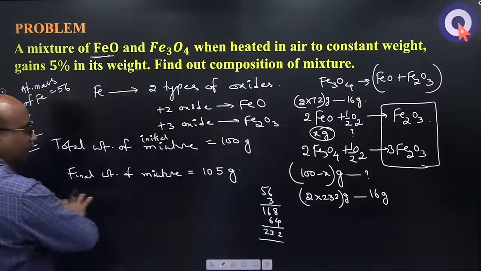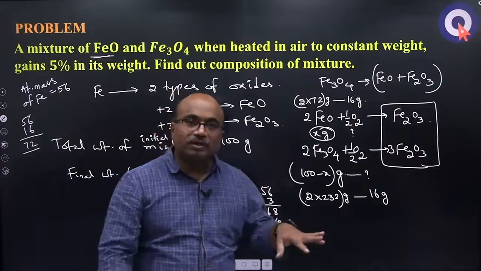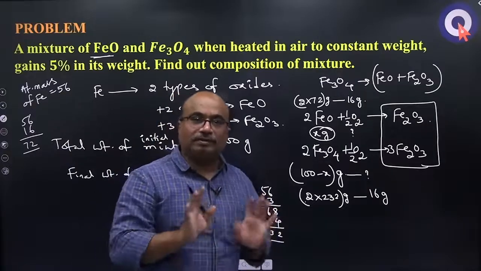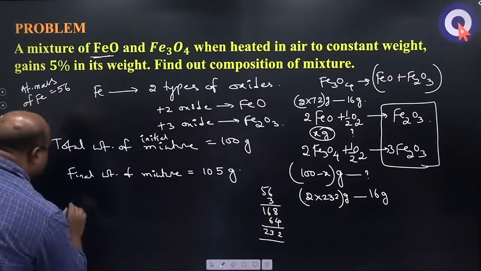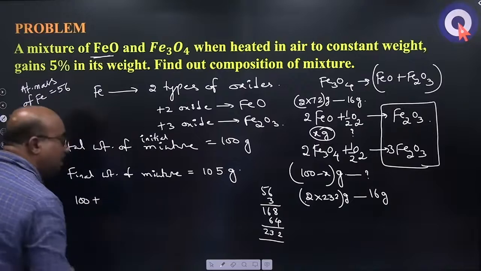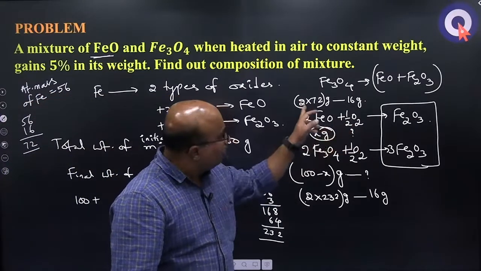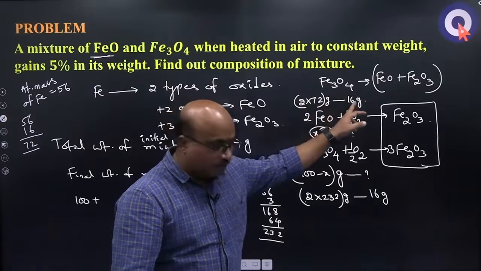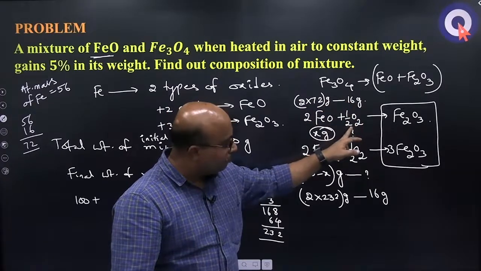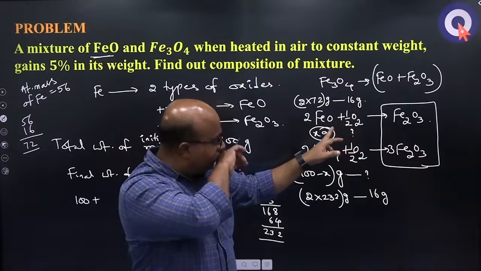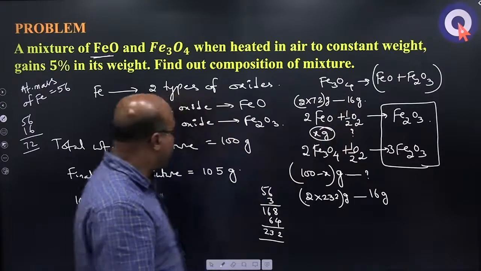So directly I write here that the total weight of the mixture is 100 plus the oxygen weight. What is the weight of oxygen for this process? For 2 into 72 grams we require 16, half mole. So for x grams how much is required?